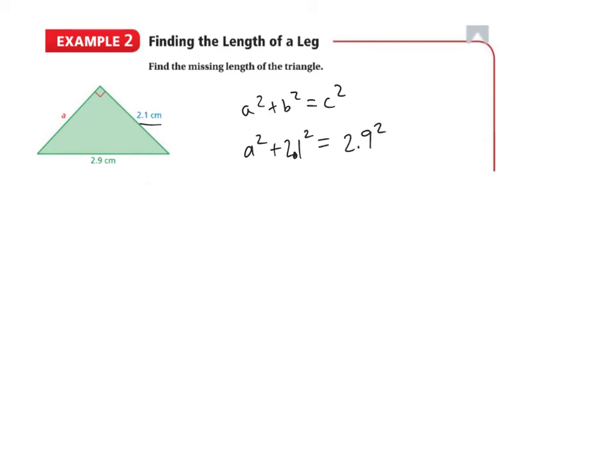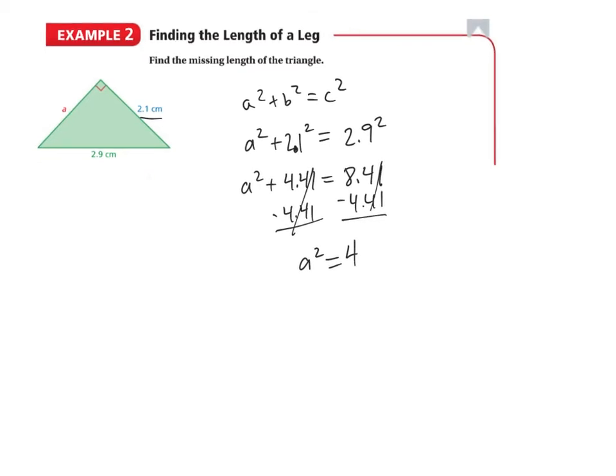And then I'm getting my calculator out here on another screen, and that is 4.41. So a squared plus 4.41 is equal to 8.41, and then we're going to subtract 4.41 from both sides, and we are going to get a squared left over, and looks like we have a 4 here because those will cancel and leave me with 4.